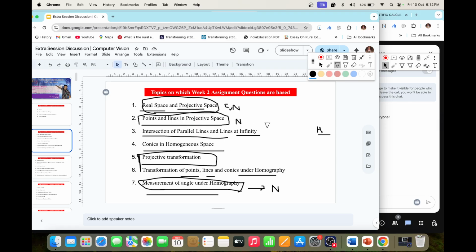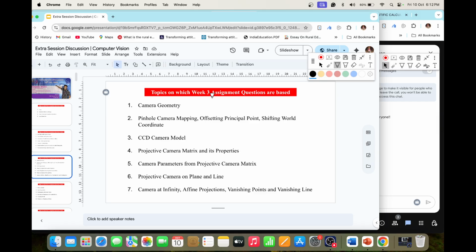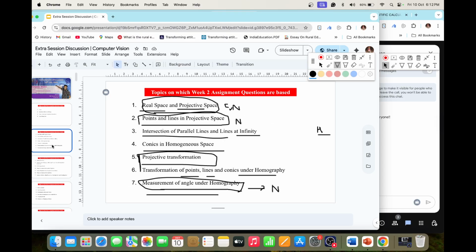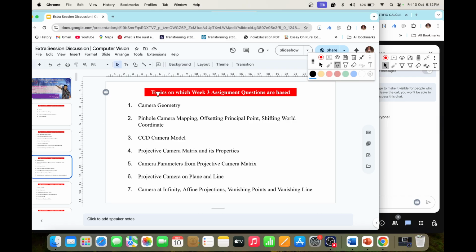So these are some of the concepts regarding your week 2 assignments. Related to your week 3 assignment, in week 1 we discussed image, in week 2 we discussed homogeneous projection, and in week 3 we are moving on to camera geometry. Then we have the simplest form of camera, known as the pinhole camera. Then there are other concepts like offset principal point and shifting world coordinate.